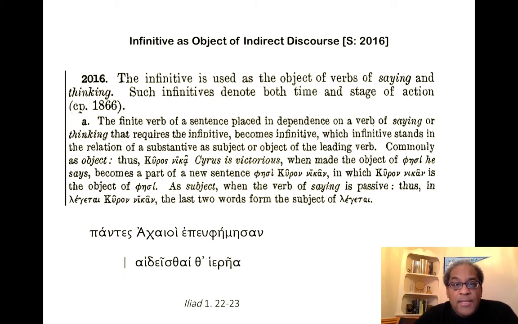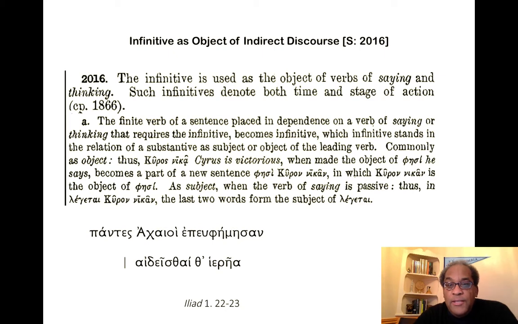So commonly as object. Thus in Κῦρος νικᾷ, Cyrus is victorious. When made the object of φησί, he says, it becomes a part of a new sentence, φησὶ Κῦρον νικᾶν, in which Κῦρον νικᾶν, νικᾶν being an infinitive, is the object of φησί.